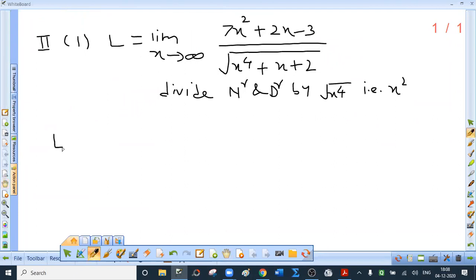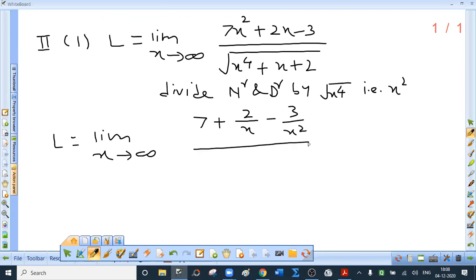L equals limit x tends to infinity (7 plus 2 upon x minus 3 upon x square). Dividing by x square means dividing by root of x raised to 4. I'm writing this directly: root of x raised to 4 plus x plus 2.